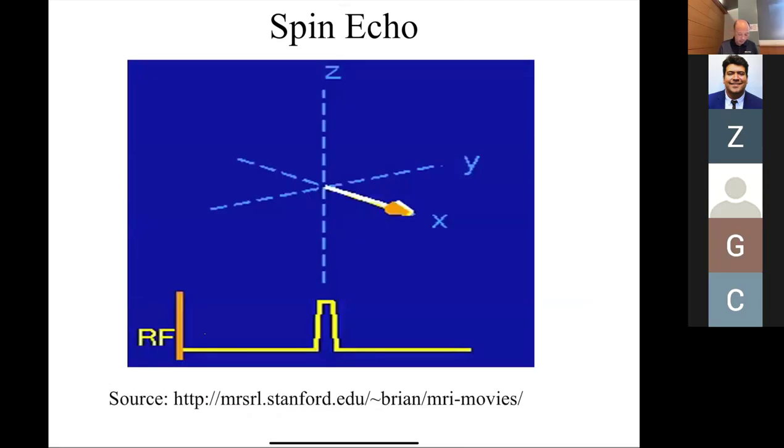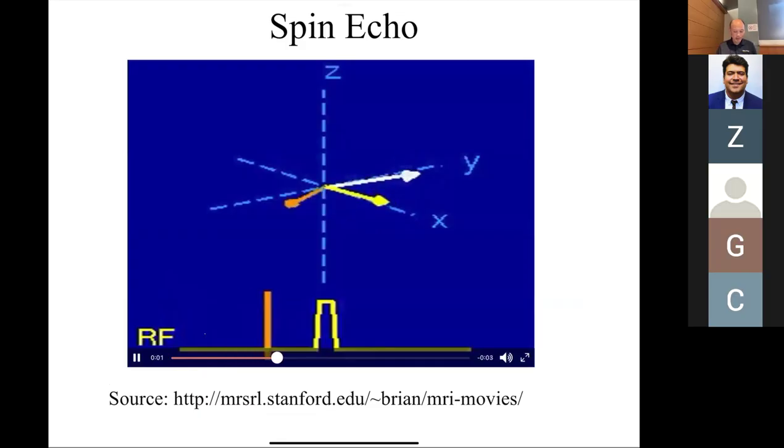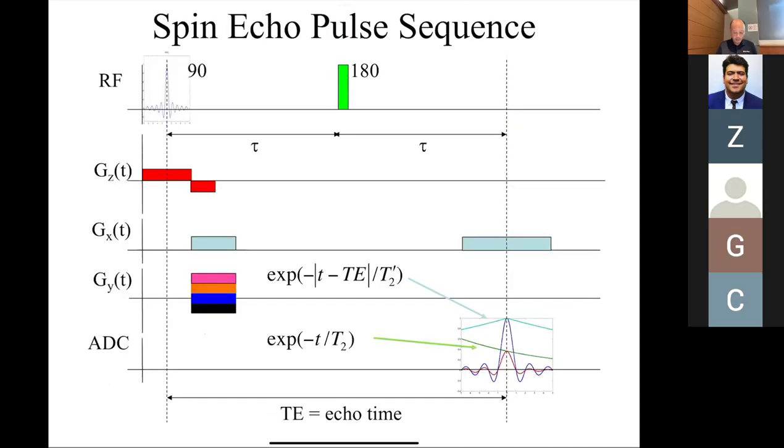So here's a movie showing you what that looks like. It's basically the dephase, and then we apply this refocusing pulse, and then everything rephases. So then what we say is that this exponential decay now is only dependent on T2 at the center, right? And so we call this a T2 weighted sequence.